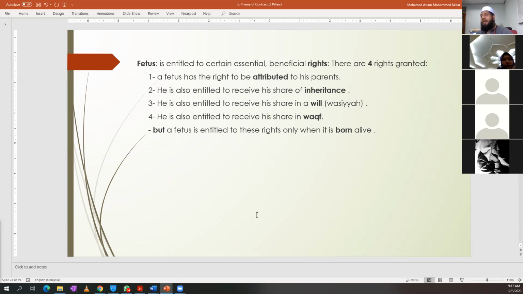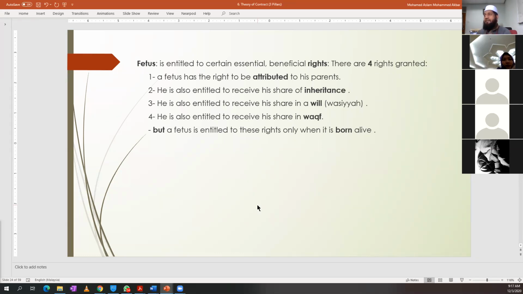Someone can also give in waqf. All right, but all these things are subject to the fetus being born alive. If it was not born alive, then there is no question of all this. Everything will go away.